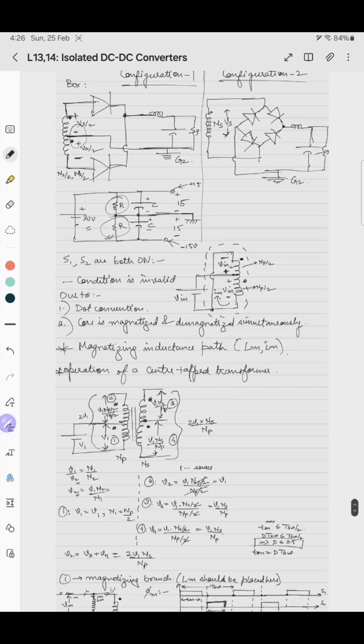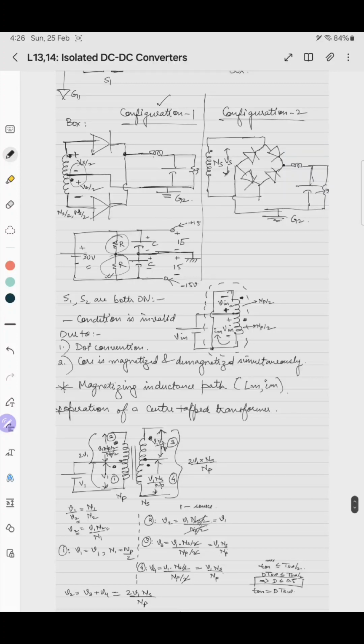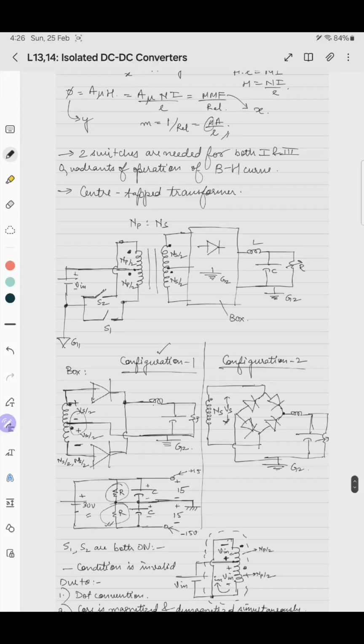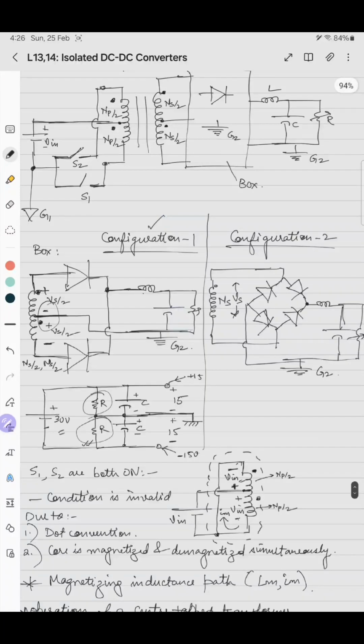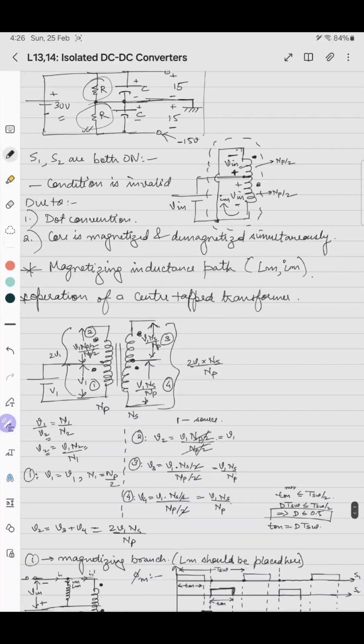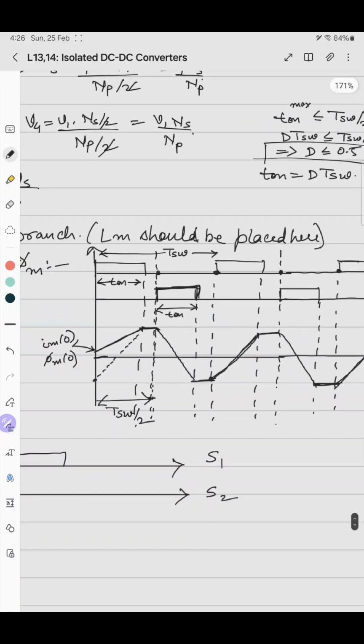Till now we were in a position to draw the steady state waveforms of any DC-DC converter, starting from buck converter to forward converter. In this case, it will be a little bit challenging to visualize and draw the waveform. So it is better if I select configuration 1 and draw the circuit configuration during turn on and turn off of both the devices. Basically there are three conditions: S1 on, S2 off; S1, S2 both off; and S1 off, S2 on.